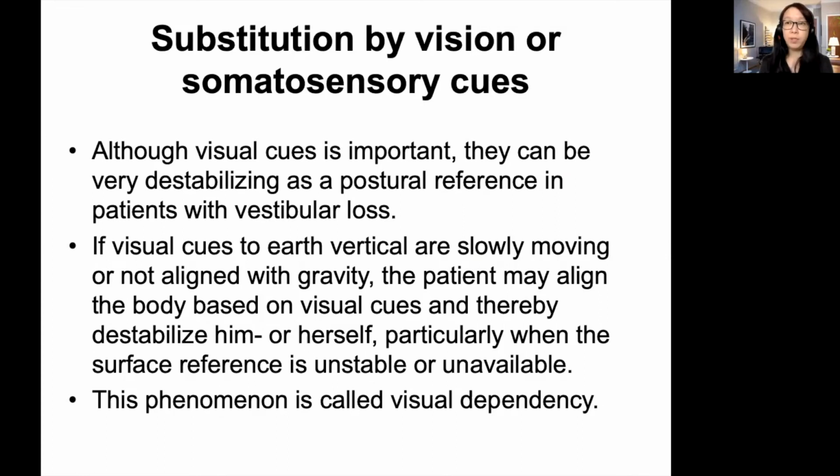Because now they use their eyes to look at something to keep them stable, but if what they are using is moving and swaying, their body will also align to it. This phenomenon is called visual dependency.